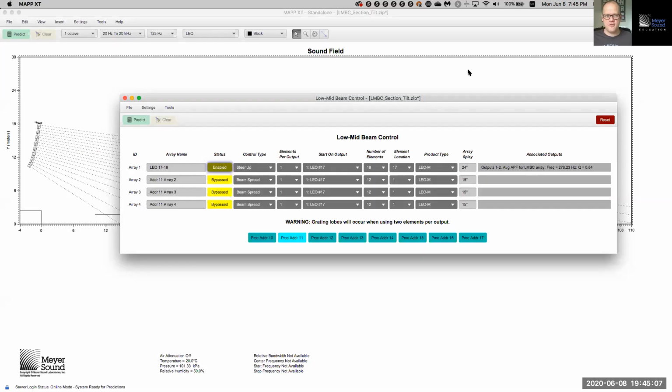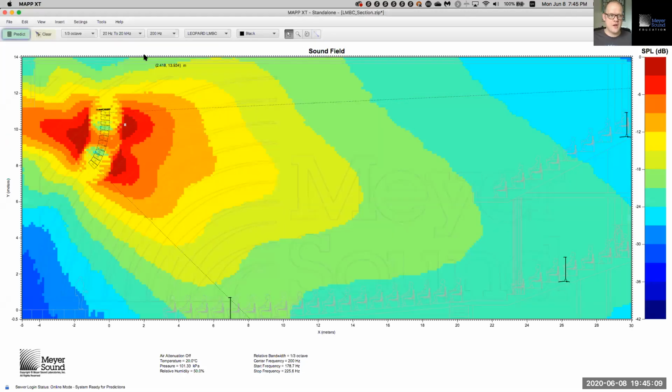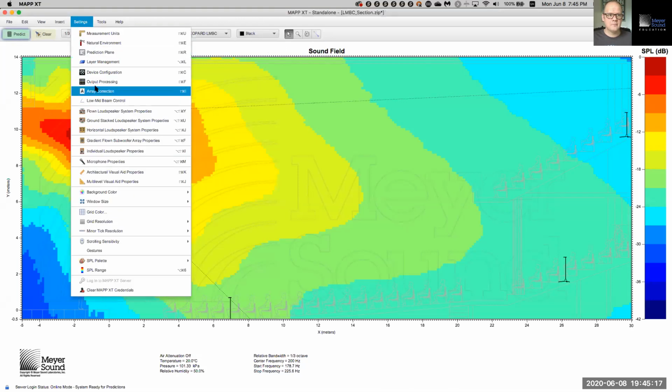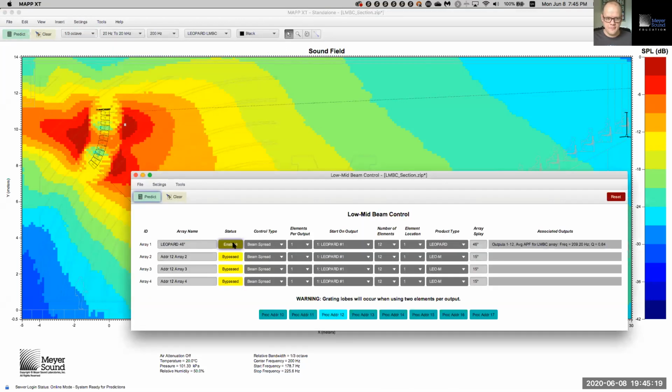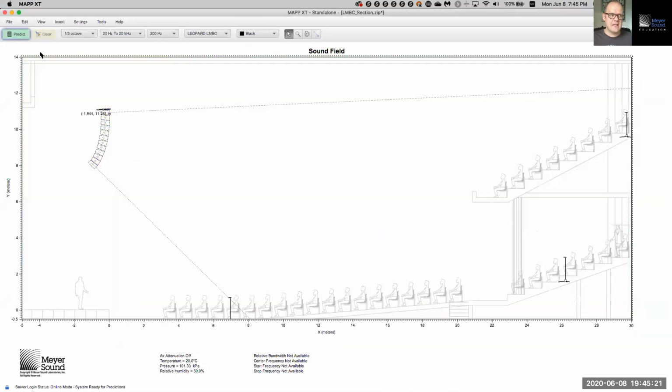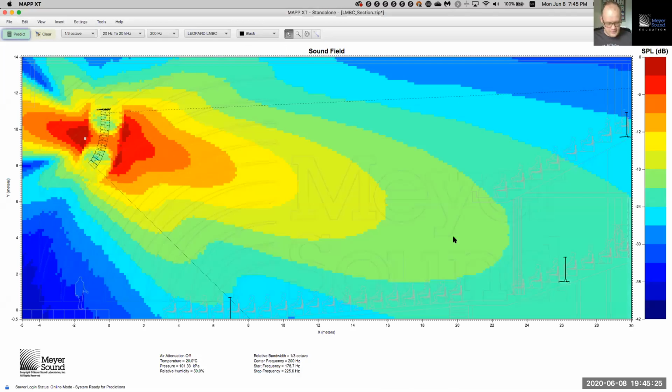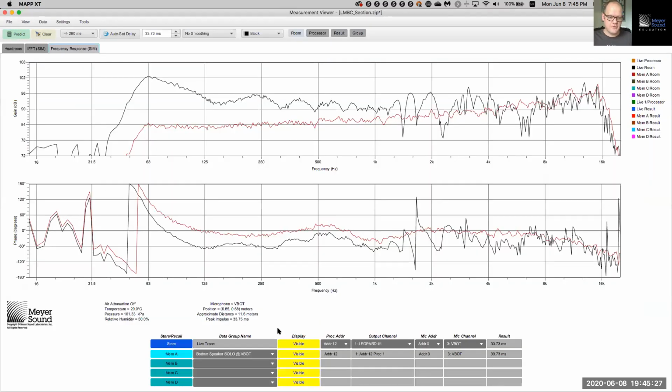What is the trade-off for using LMBC? Well, this is the trade-off. Let's go to the settings and let's disable LMBC. Okay. And let's take a measurement of our array at that position underneath the balcony, which is my second microphone.